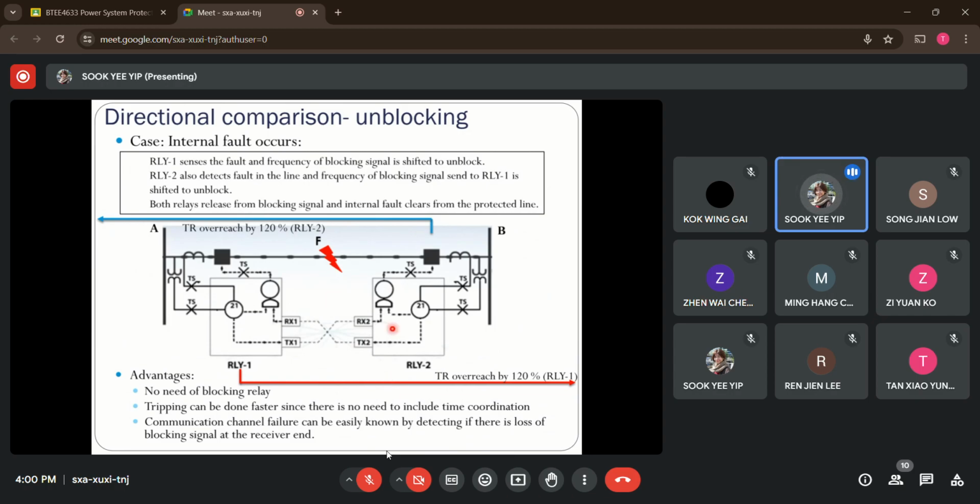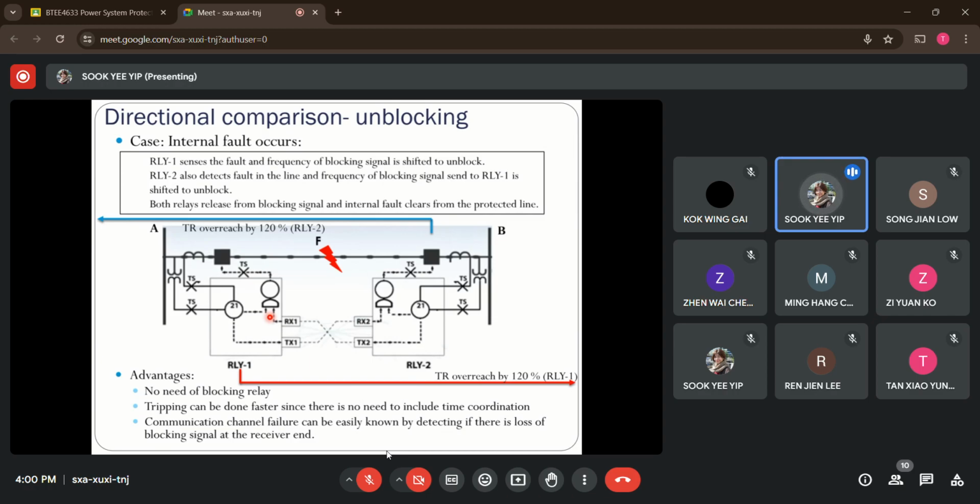Okay, so now let's see what the advantages are of using the unblocking mode of operation for this directional comparison scheme. All right, because we only use one relay, the tripping relay, there's no need for the blocking relay, which means that we can save in terms of implementation costs. All right, so the blocking signal is always being transmitted over the communication channel.